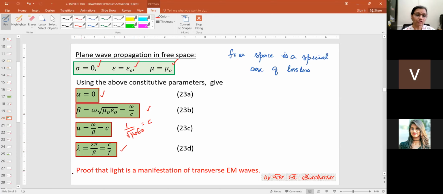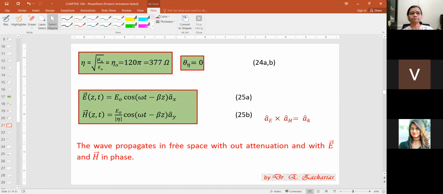And this is also a proof. All these equations go to prove that light is also a transverse electromagnetic wave. Only thing is its frequency is such that you are able to see it. So light is also part of the electromagnetic spectrum and it manifests itself as a transverse electromagnetic wave.